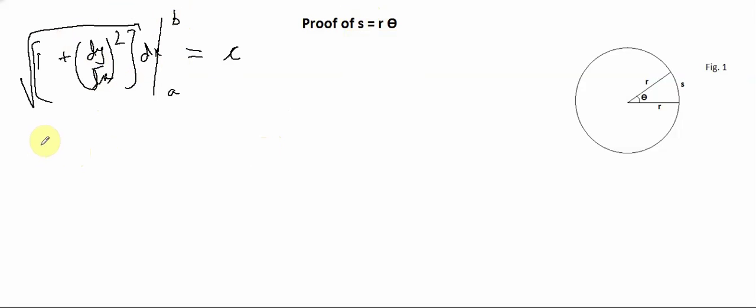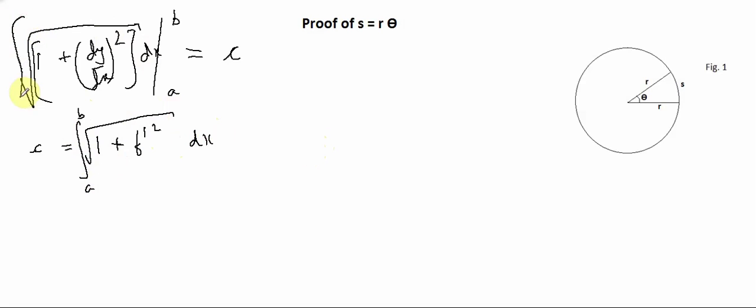So I can well write the arc length as integral from A to B of under root 1 plus f dash, the derivative of f, squared, dx. By the way, in the answer you put the limits. Alright, so this is the formula that we are going to use.